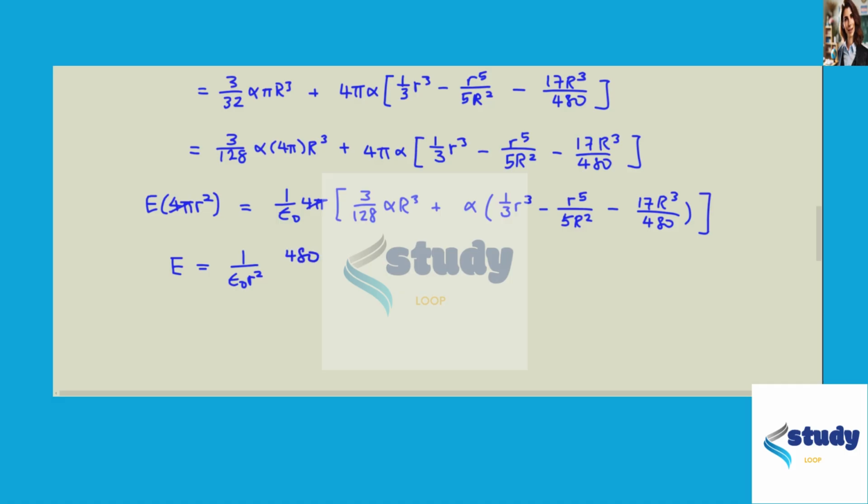So alpha is equal to 480 Q divided by 233 pi r cube. Okay, and then I have 3 over 128. I'm going to combine the 3 over 128 with the 1 over 480.